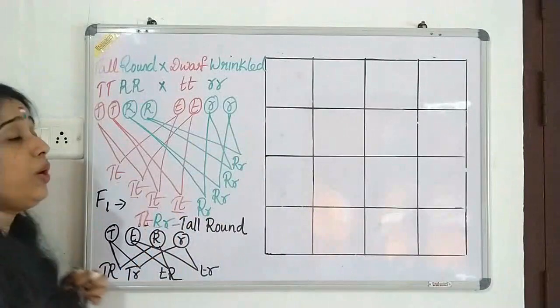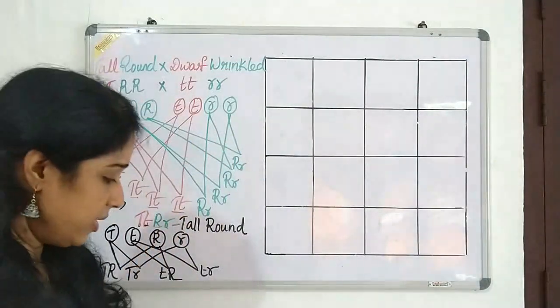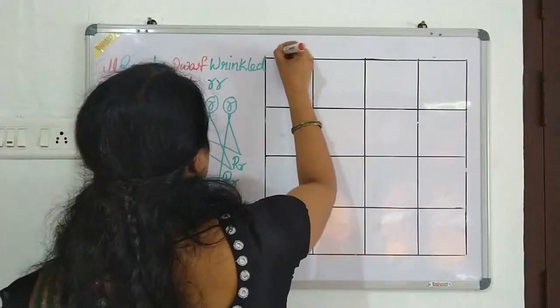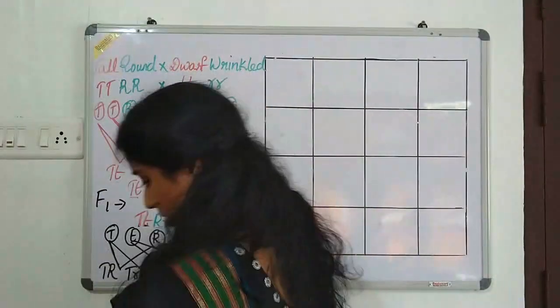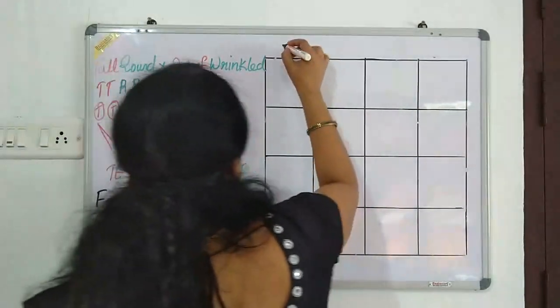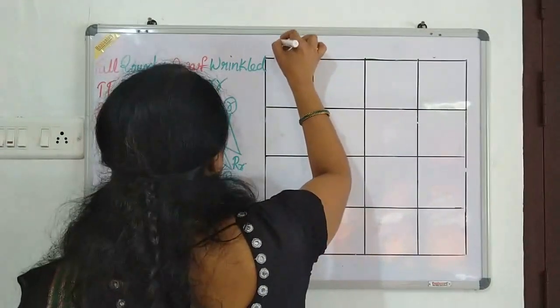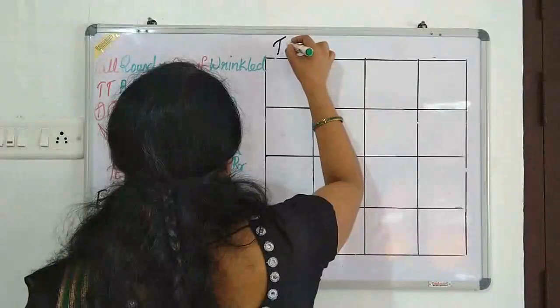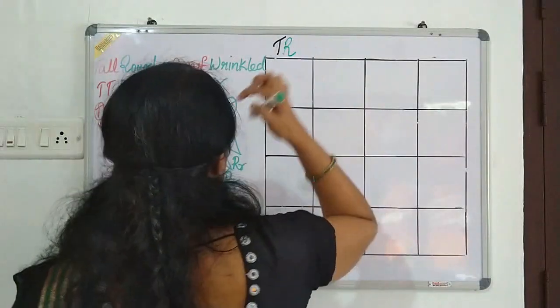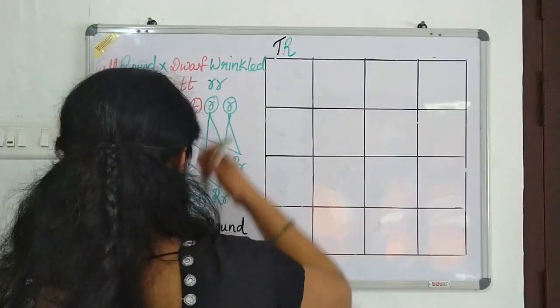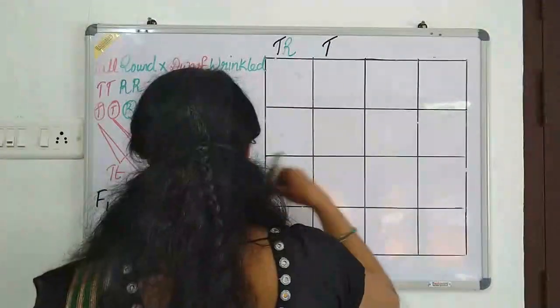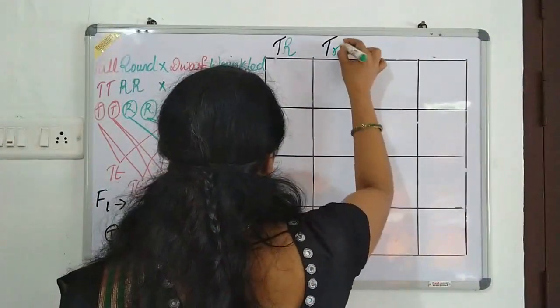So now we can do it in the form of a Punnett square. Okay. So the first one is what? Capital T, capital R. First one, capital T, capital R. Second one, capital T, small r.